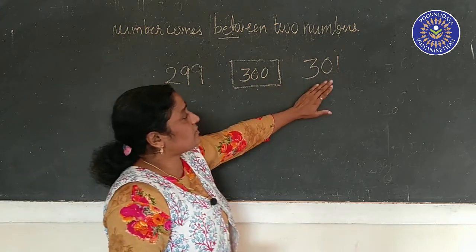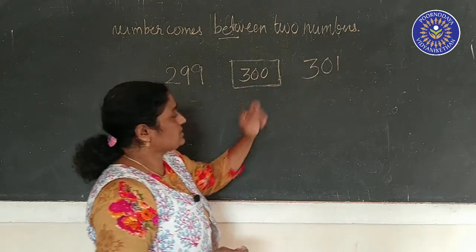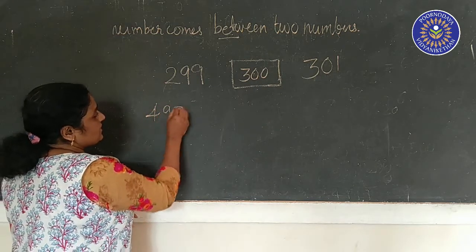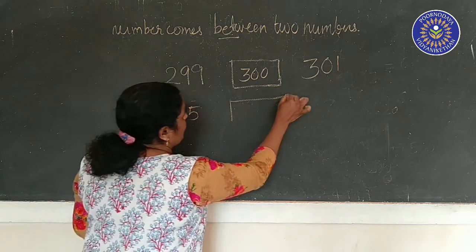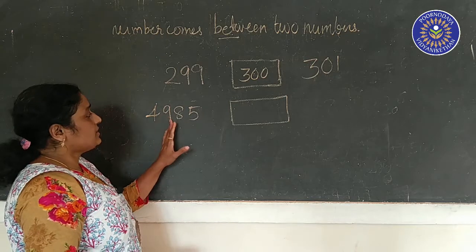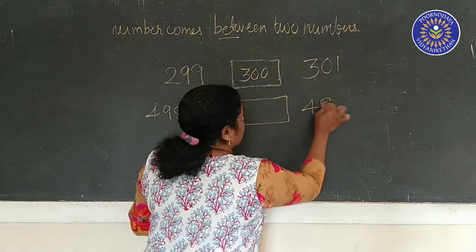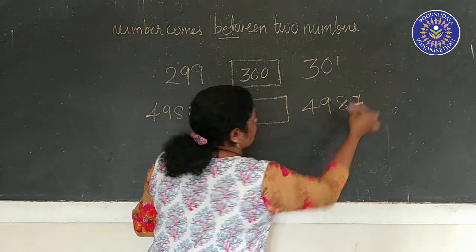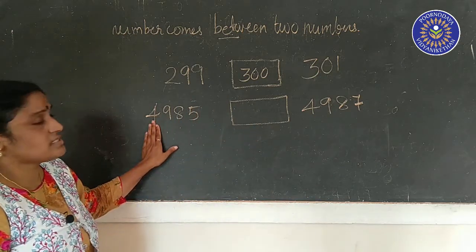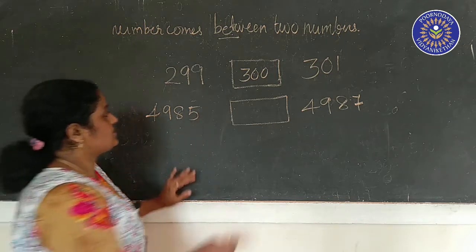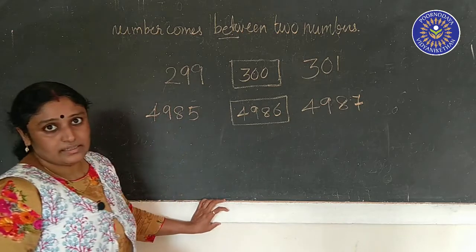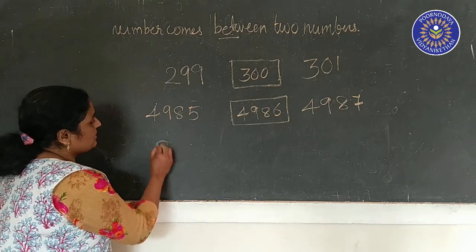If we subtract 1 from this 301, we will get 300. Like this, 4985 dash, what will come here? 4987. So, what's the missing number here? 4986. Clear?